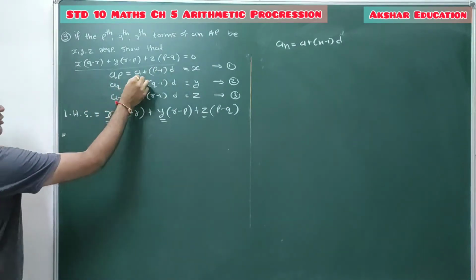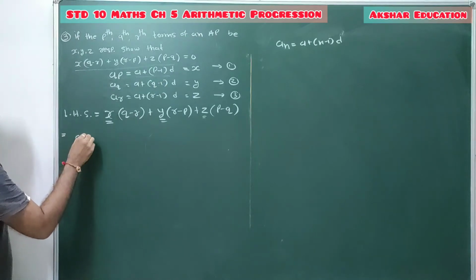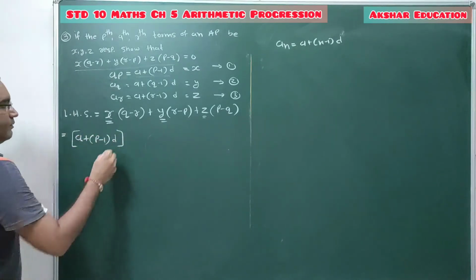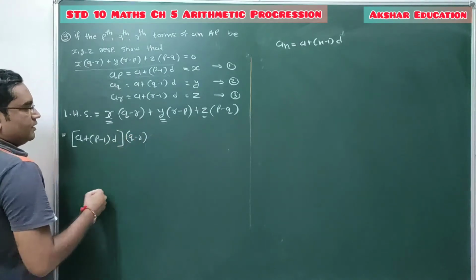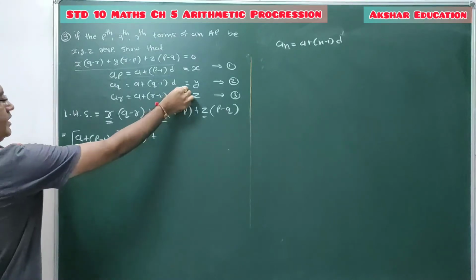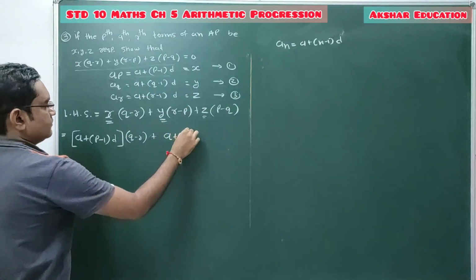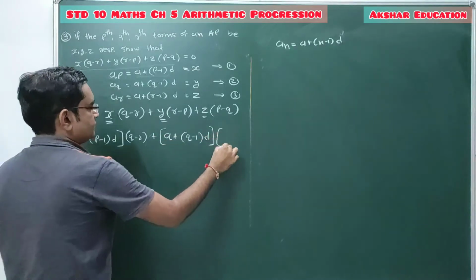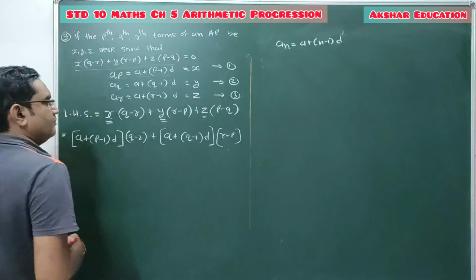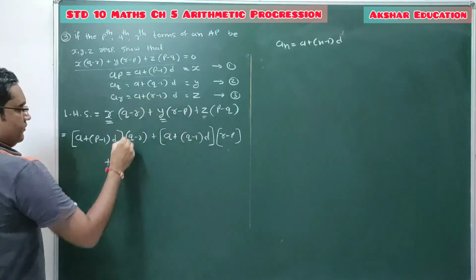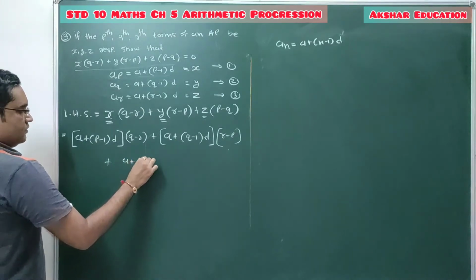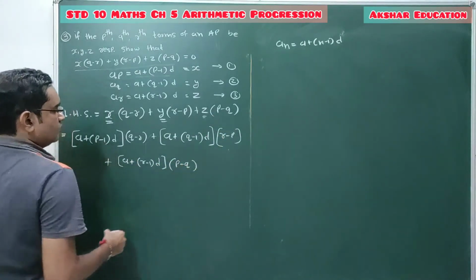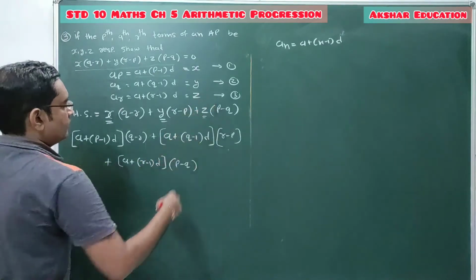So the value of x is a plus (p minus 1) into d, multiplied by (q minus r), plus the value of y from result 2, which is a plus (q minus 1) into d, multiplied by (r minus p), plus z, which is a plus (r minus 1) into d, multiplied by (p minus q). Putting the value of x, y and z from results 1, 2 and 3.